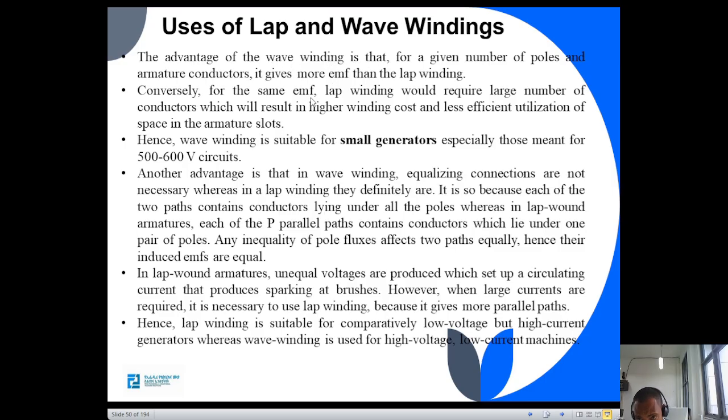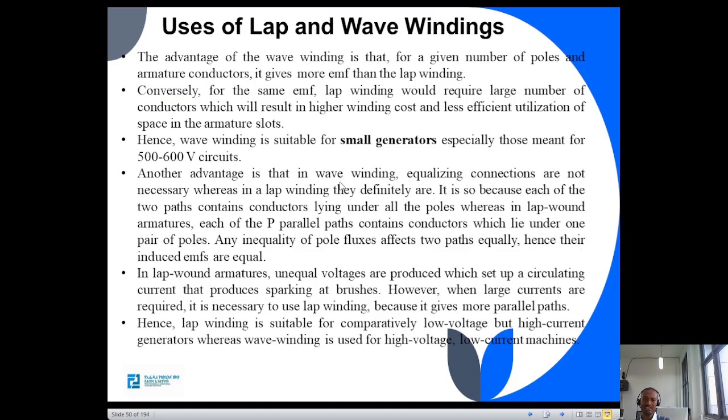Conversely, for the same EMF, lap winding would require a large number of conductors, which will result in higher winding costs and less efficient utilization of space in the slot. Hence, wave winding is suitable for smaller generators, especially those having 500 to 600 volt DC. It is advisable to use this.